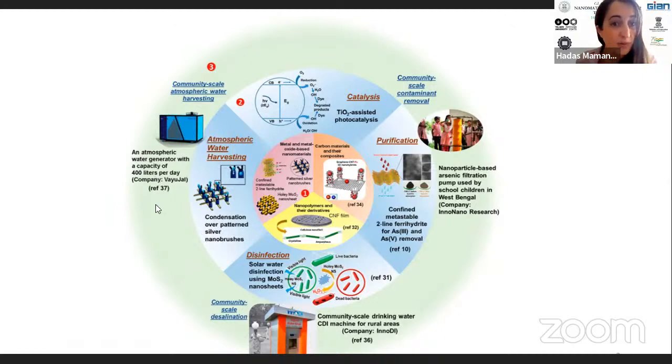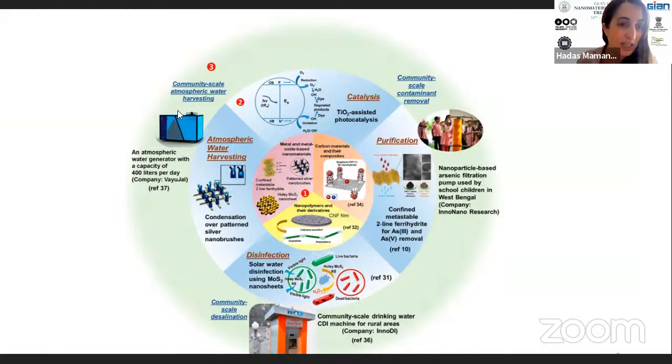Then we need to go to the community scale. The community scale is community scale desalination. So for example, community scale drinking water CDI machine for rural areas. Community scale contaminant removal. So for example, nanoparticle-based arsenic filtration pump used by school children in West Bengal.